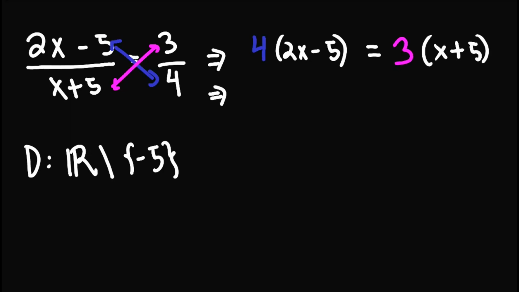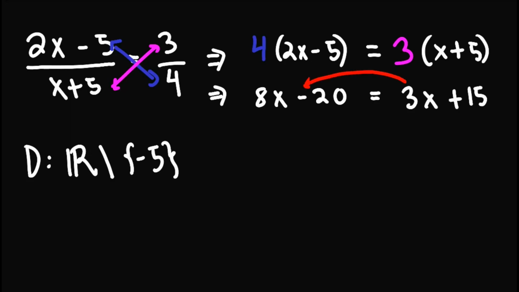Simplifying this, on the left side we'll have 8x minus 20 equals, the right side will have 3x plus 15. Next, we move this 3x to the left side, and we move this negative 20 to the right side, to obtain 8x minus 3x is 5x, and on the right side we'll have 20 plus 15 or 35.